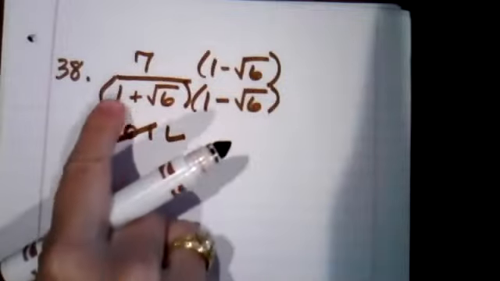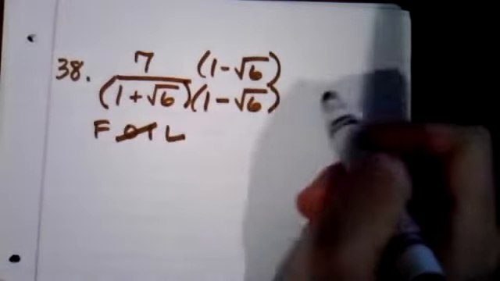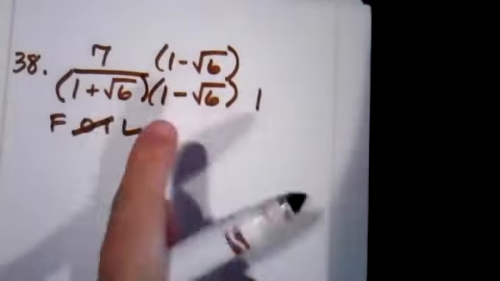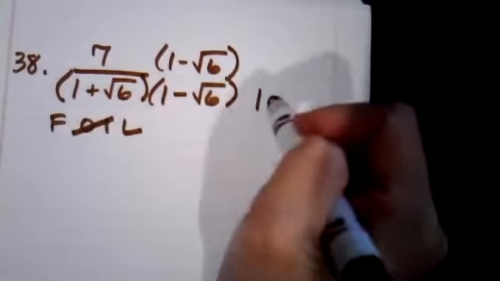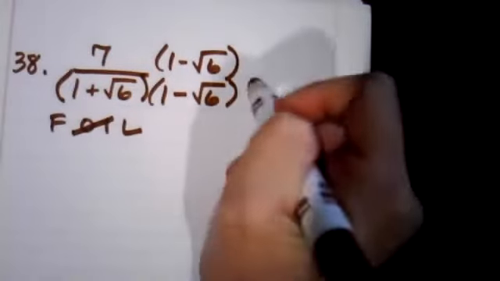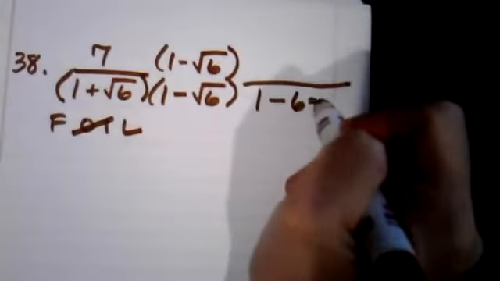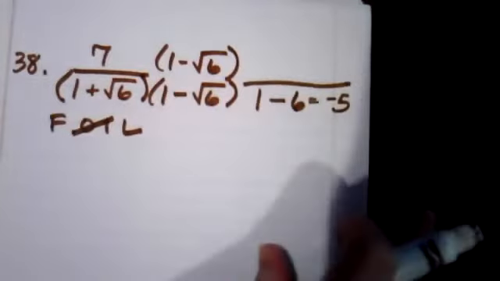All right, so let's do our first, which is 1. Okay, and then our last, which is going to be the negative, but it's also going to be the 6. So that's 1 minus 6, which is equal to a negative 5. We're going to remember that for later.